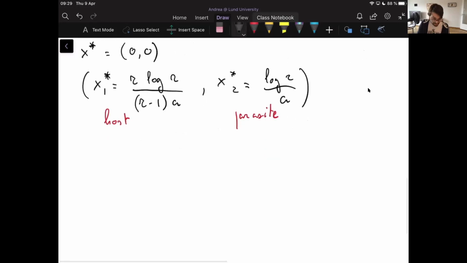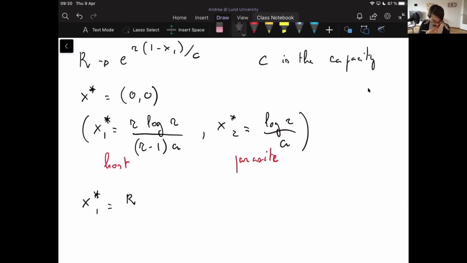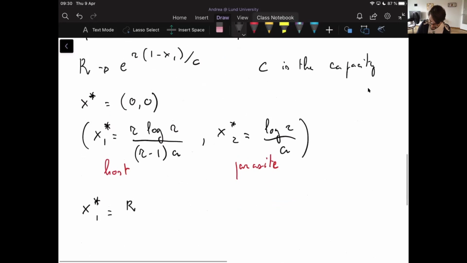Okay, so we can verify by substituting these numbers in our equations above. So let me see. So our equations above were like this. So I think this was big R. Ah, yeah, no, this was big R, not small r, I think. Sorry for the confusion. Let's verify, and then we will see.